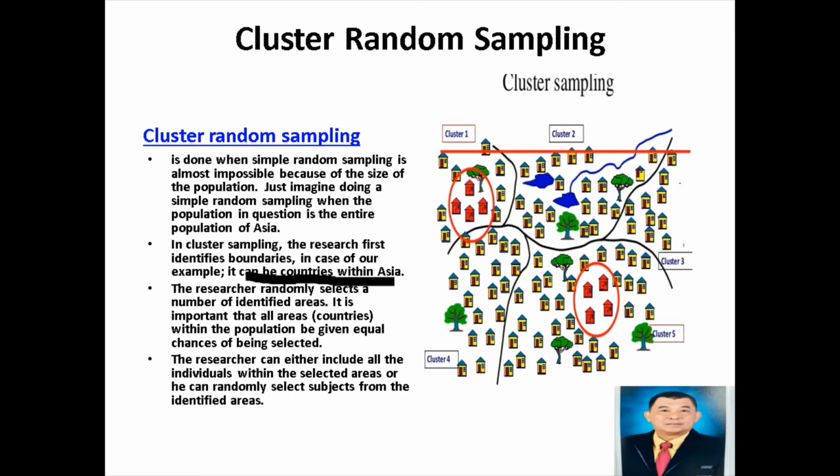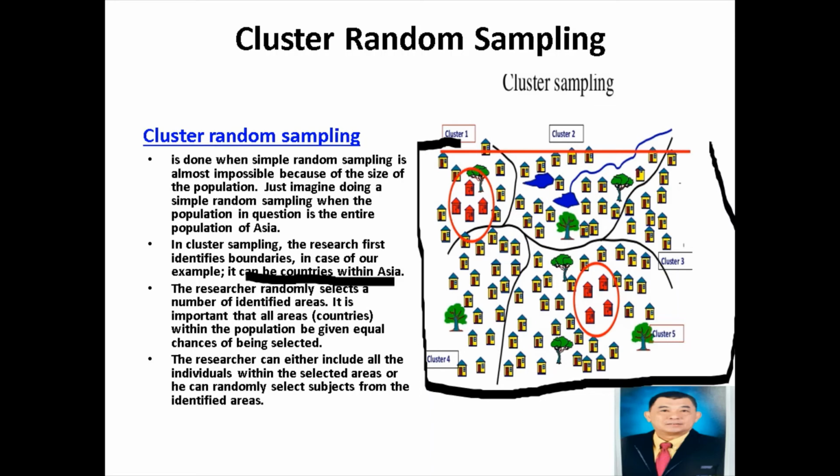So in this example, this photo, you see that there is this entire population, and then there is clustering of this population. Like for example, cluster 1, this one is cluster 2, this one is cluster 3, and cluster 4. And therefore, after clustering those, you will pick your sample size.